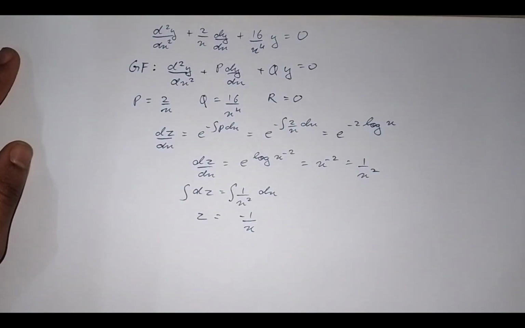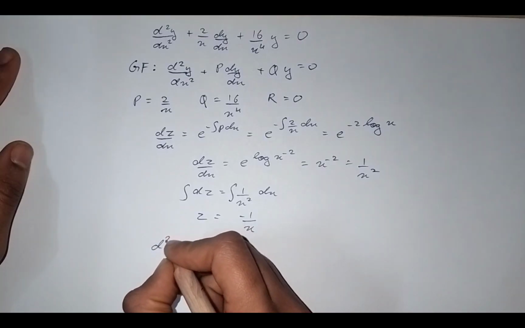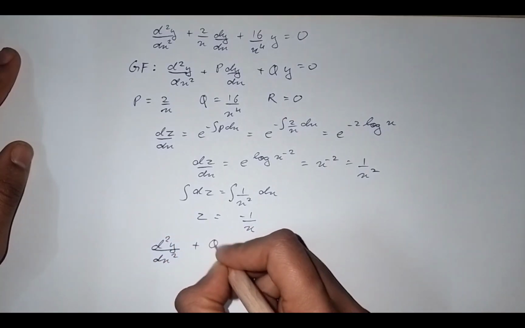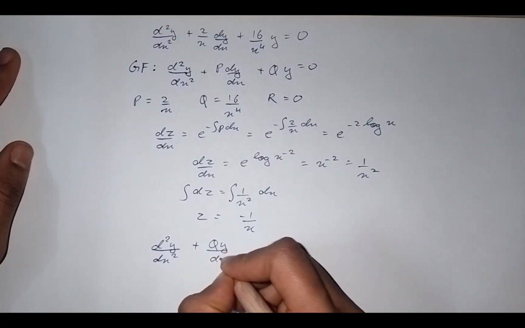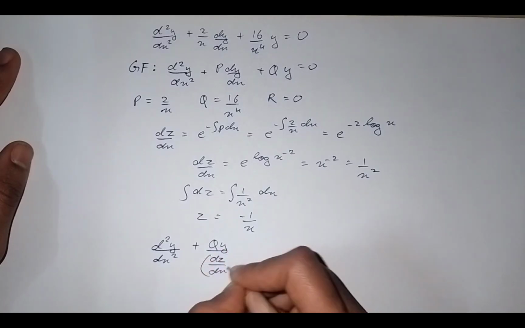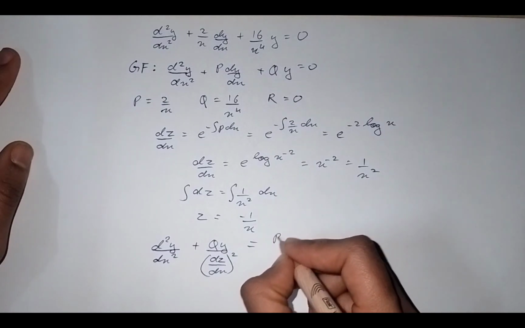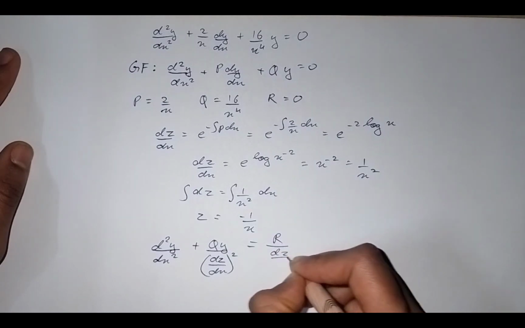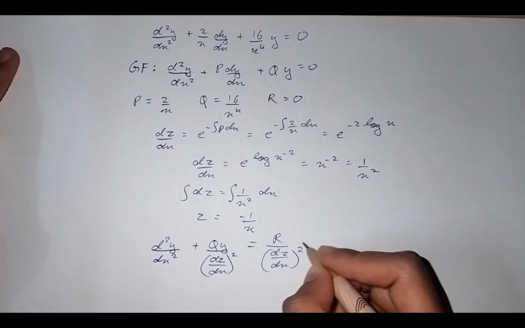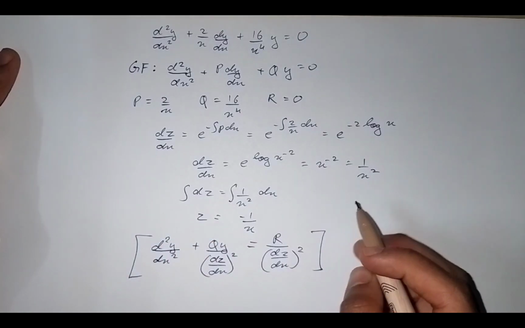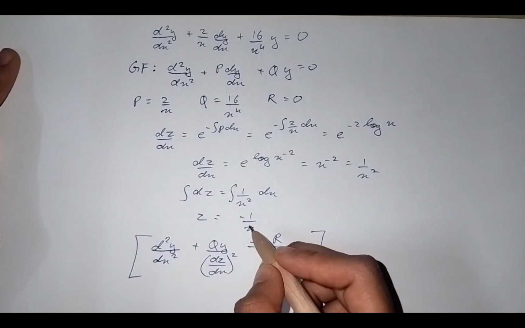We now substitute the values we have got in the equation from above. So we get this equation by solving as explained earlier, and now we substitute the value of dz by dx and z in this.